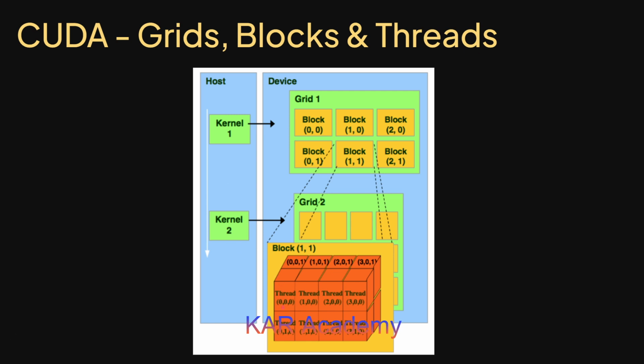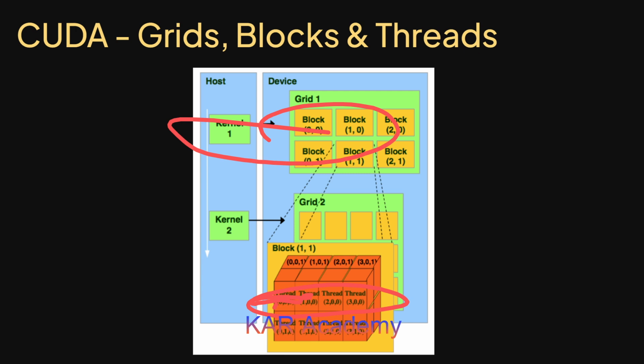That is why you see 0,0,0, 1,0,0, 2,0,0 here. So each block has three-dimensional threads, whereas each grid has only two-dimensional blocks. So you only see two numbers here. A grid contains two-dimensional blocks, whereas a block contains three-dimensional threads, which we'll see shortly.